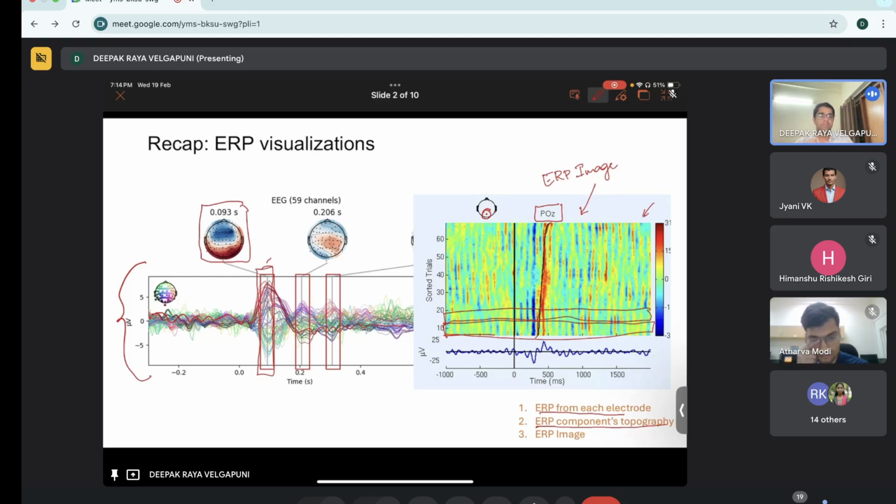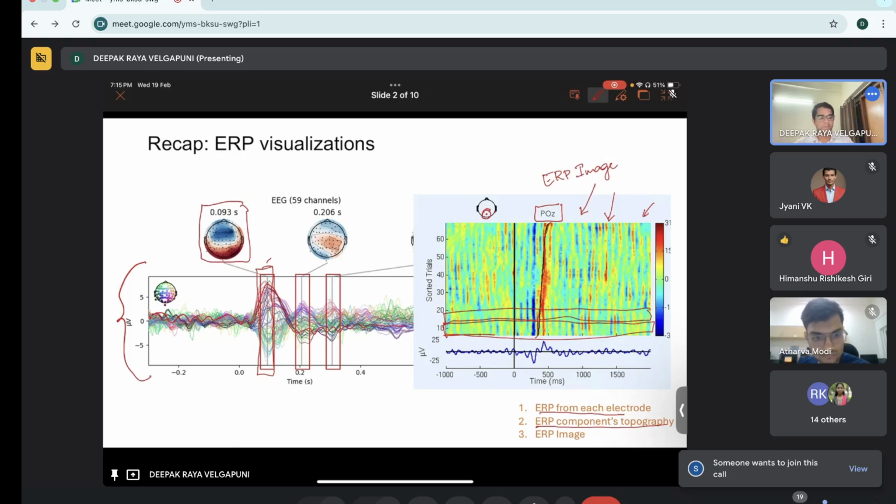Rather, if you smoothen with a small number of trials on this y-axis, you get an ERP image. To get this sort of an image, you need some kind of sorting. You can't just plot a set of ERPs on the y-axis. So based on some metric, you arrange the trials, and then on each trial you plot and then take a smoothing window like this. I'll tell you how this is useful in the next slide. So right now, if you're clear with visualization, I'll move forward. If any doubts about how we are constructing this, we can go over it. Okay, sure.